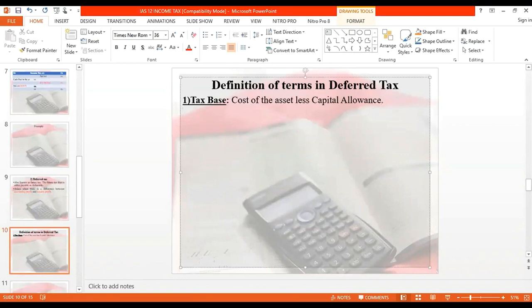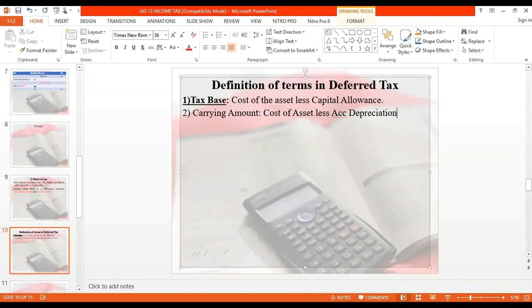The second definition that I want us to learn, which you all know, is what we call carrying amount. The good students that we are, you know what carrying amount is. Carrying amount is the cost of the asset less accumulated depreciation.